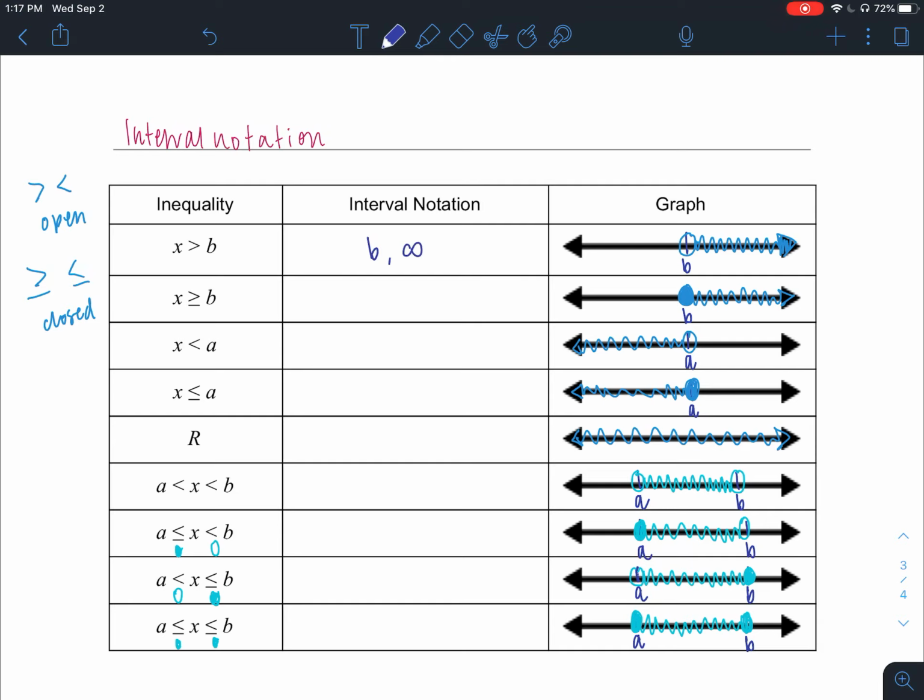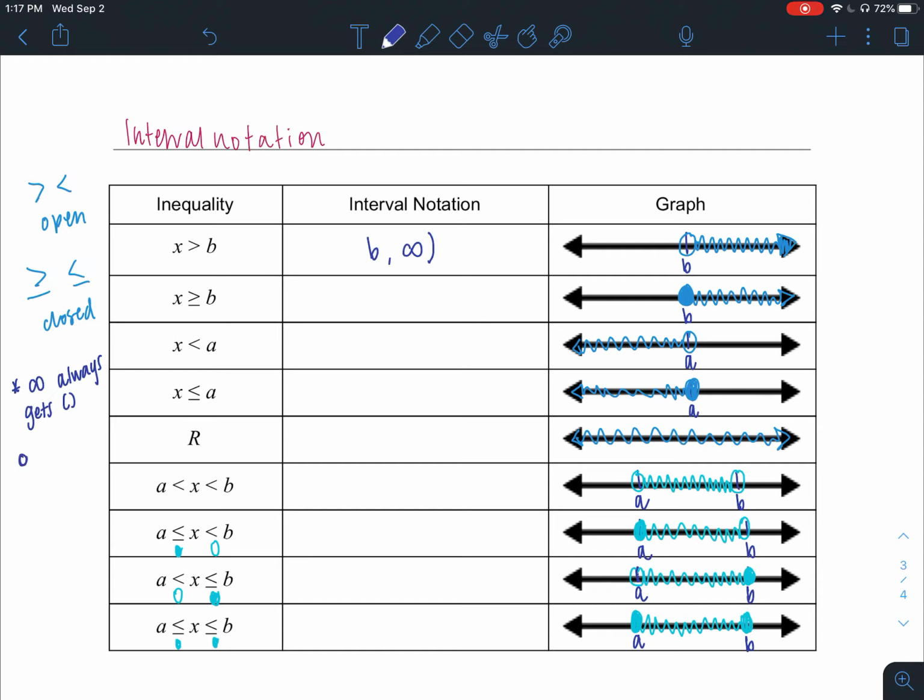So when we have an infinity, we always use a parenthesis. So I'm just going to make a note of that. So this always gets a parenthesis. All right.